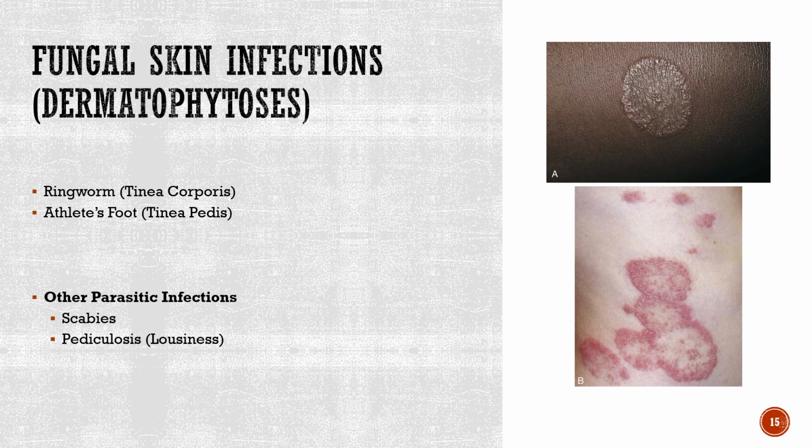Fungal infections are caused by fungi that invade the stratum corneum, hair, and nails. Superficial infections affect dead keratin layers, not deeper skin, and can spread if untreated. Over-the-counter antifungal creams are available, but proper diagnosis is needed.